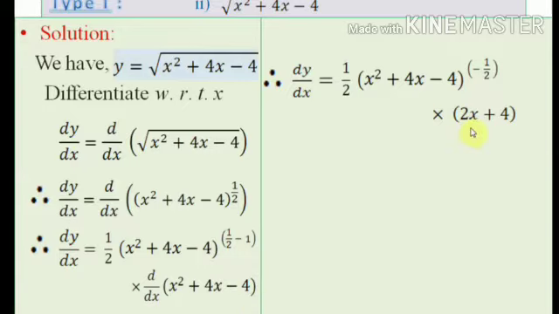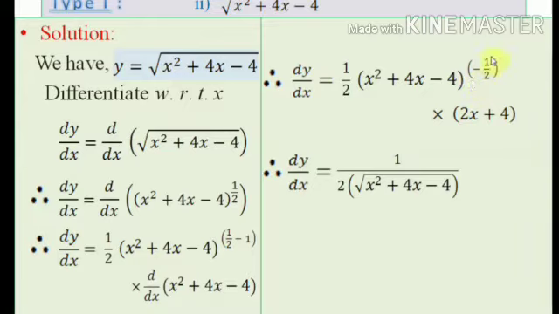Okay. And therefore dy by dx equal to, here we have x square plus 4x minus 4 raised to minus 1 by 2. That 1 upon 2 means a root, and the minus index means it is taken in the denominator. So that becomes 1 upon 2 into the square root of x square plus 4x minus 4, into 2x plus 4.